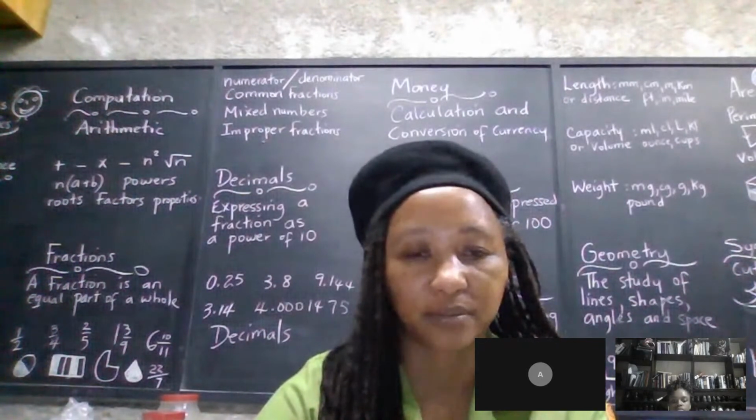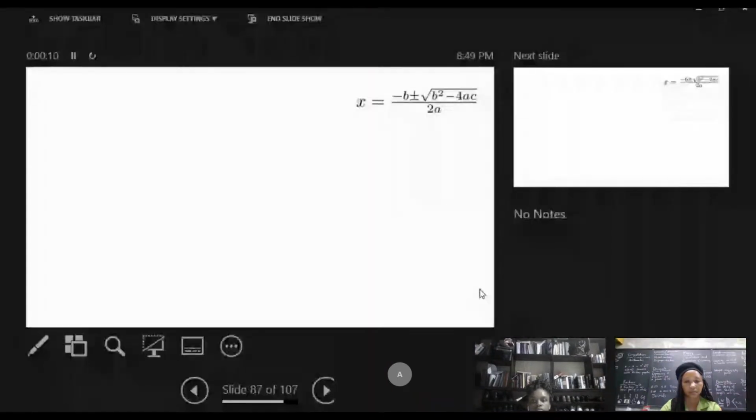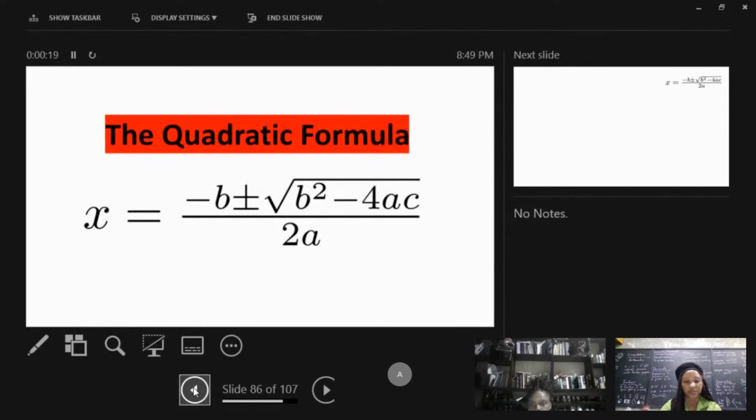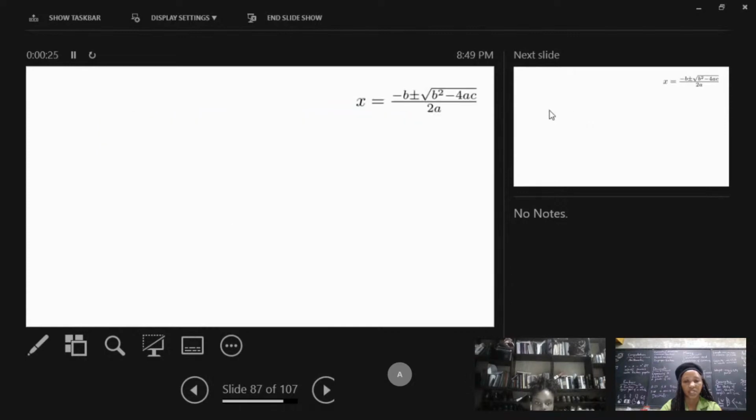Let's try again. Okay. Now did the slide change? Yes, miss. It says the quadratic formula. I know it changed. Did it change again? Yes, miss. All right, let's hope it works this time.